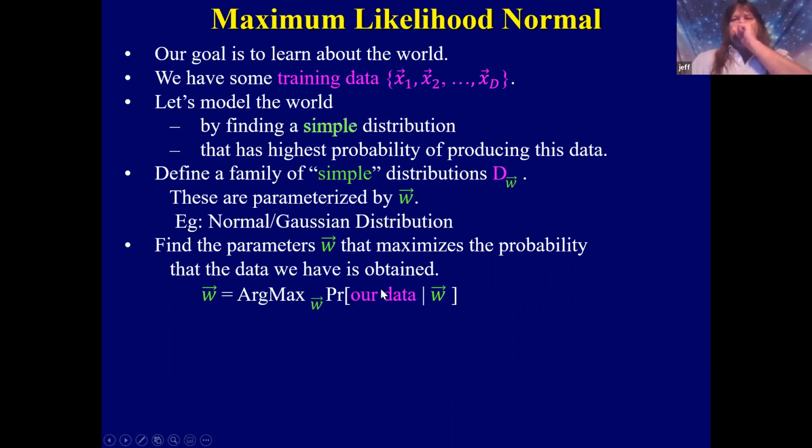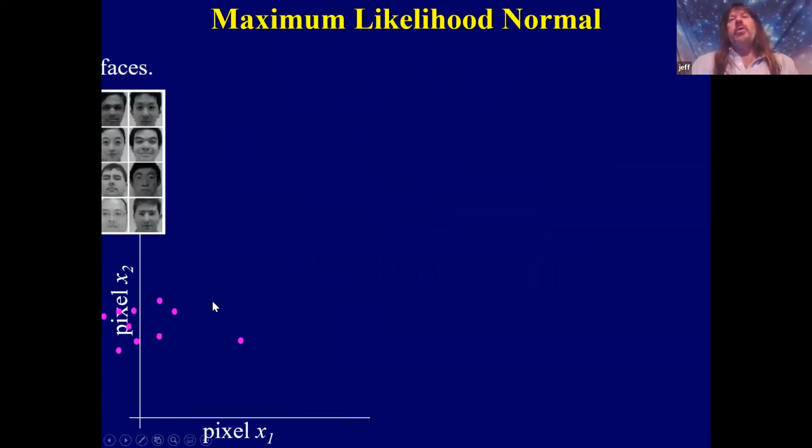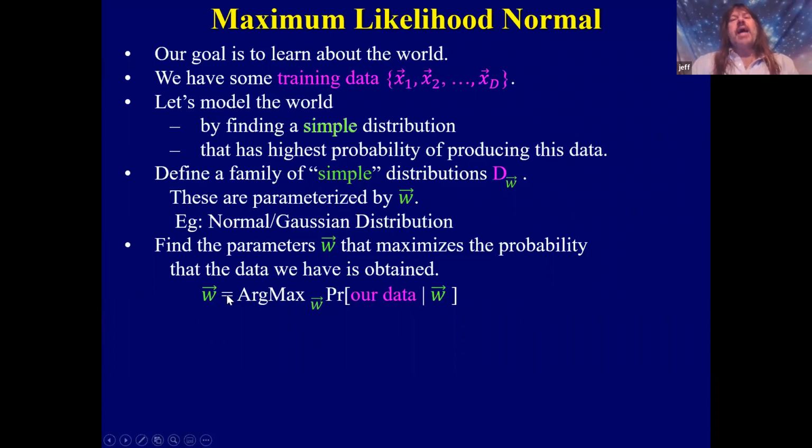And we're going to ask, what's the probability that we get our data, conditioned on these weights? We're going to try that for every setting of the weights. And which weights do we return? We return the weights that maximize this probability, right? People kind of getting this?